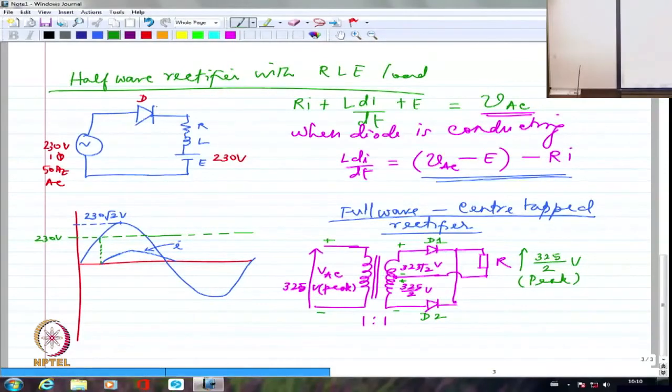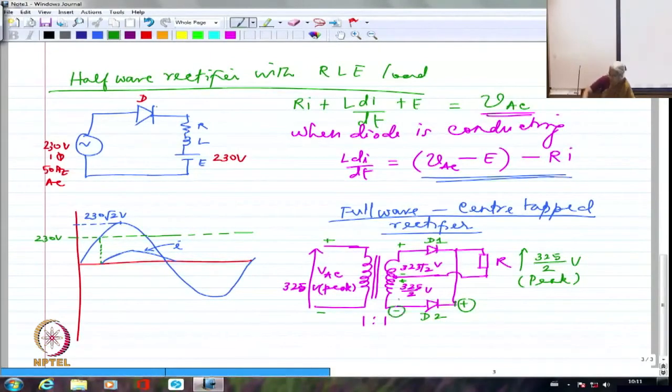The output is only V by 2. But the voltage that comes across the diode is going to be the complete V, because both these windings, if this is positive, this will also be positive and this is negative. So this voltage will be the complete VAC or 325 volts peak.